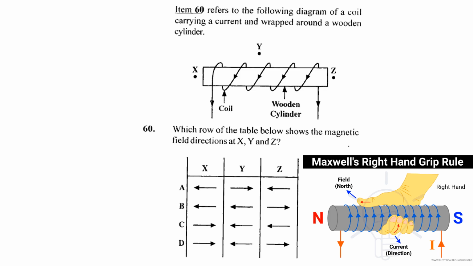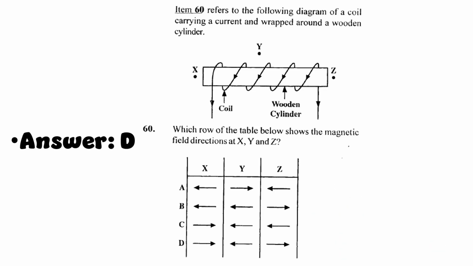So your thumb would point towards Z to the right, and the magnetic field would then curve back around and go to the left past Y and come back in at X pointing to the right. So that is option D.